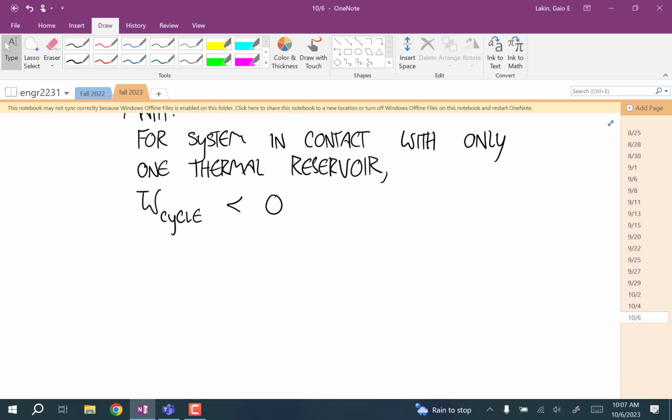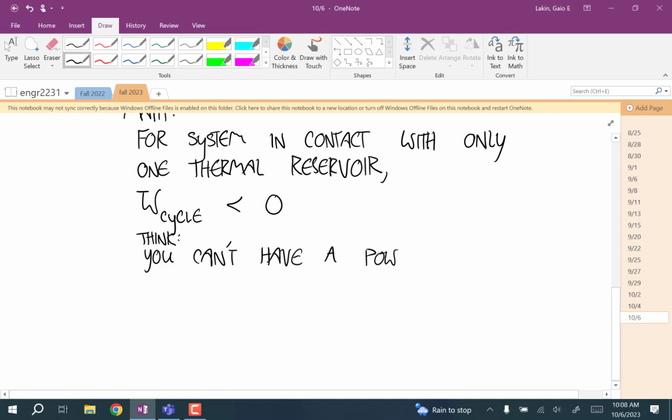Intuitively, think of it this way. You can't have a power cycle without losing heat to exhaust.